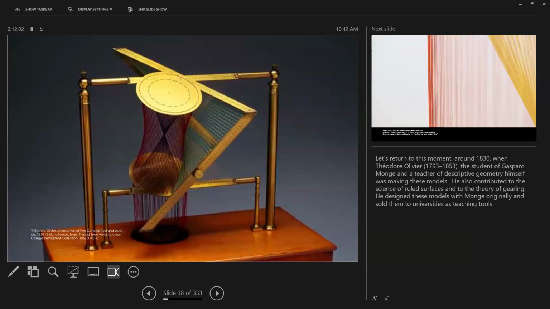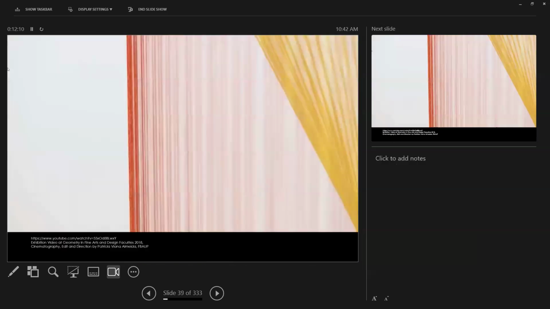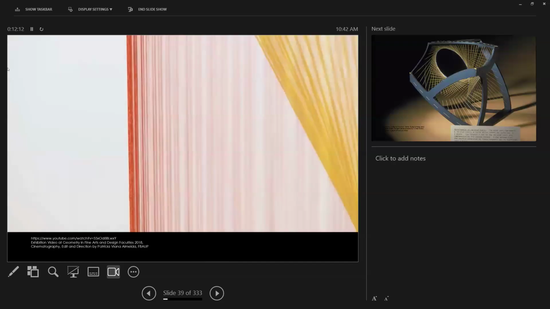There were hundreds and hundreds of them built, and they were sold all around the world to various universities, and they became the instruments for the exchanging of mathematical knowledge and the popularization of these concepts of, hope this plays, these concepts of the ruled surface.